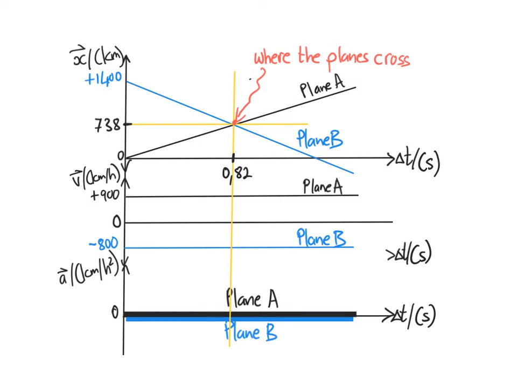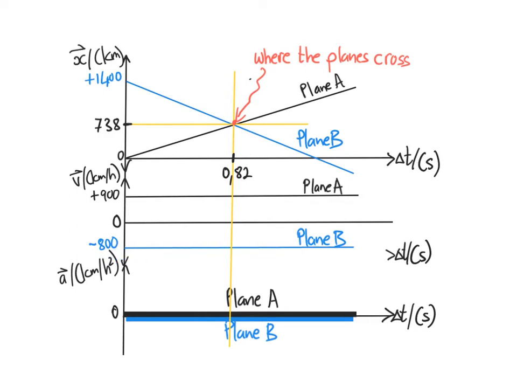If we look at plane B now, plane B's initial position at t equals 0 was 1,400 kilometers from where plane A was. Now it's traveling at a constant velocity, but in the opposite direction, so it's minus 800 kilometers per hour.